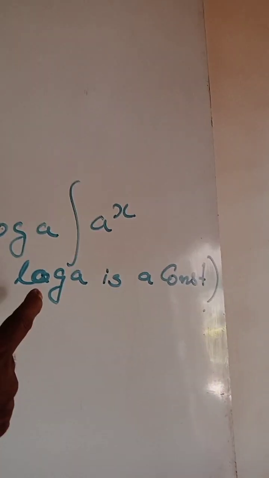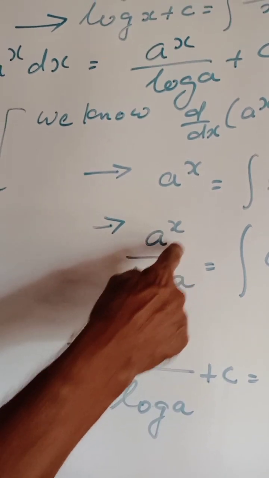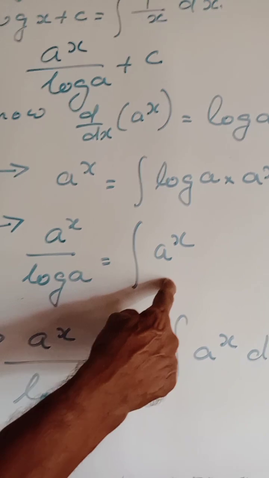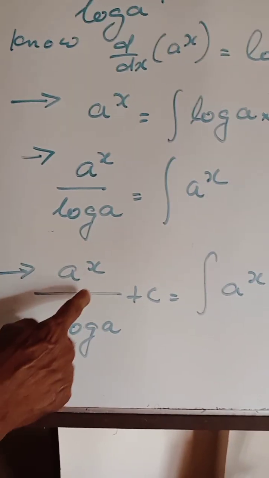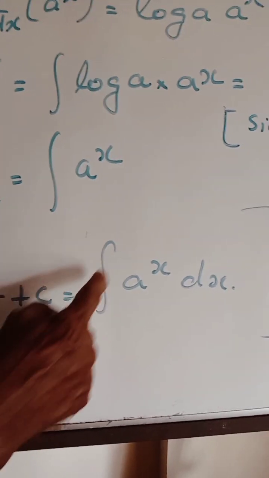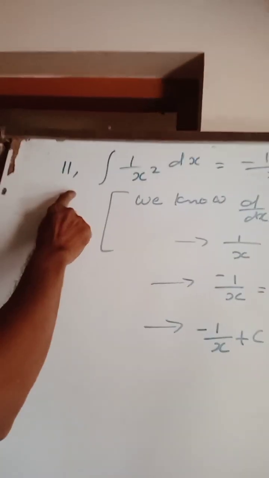Since log a is a constant, we can take it out of the integration. That implies that a raised to x divided by log a is equal to integration of a raised to x, which implies that a raised to x divided by log a plus c is equal to integration of a raised to x dx.